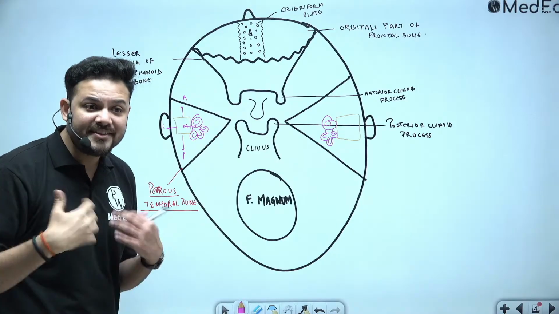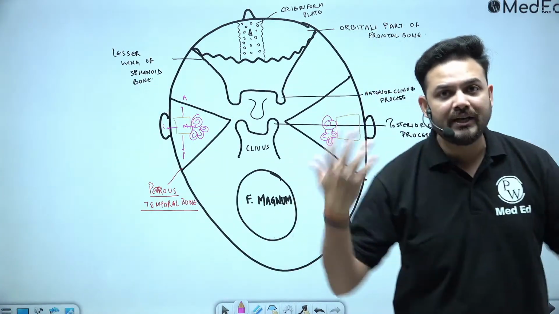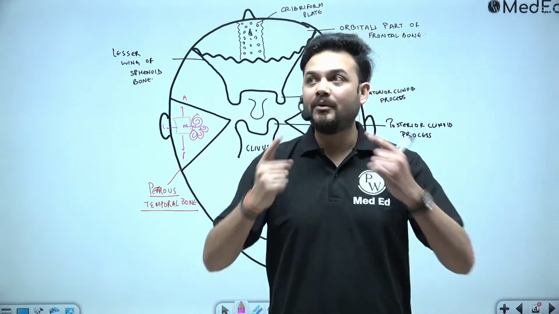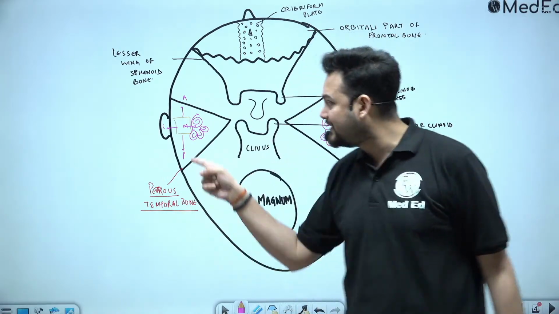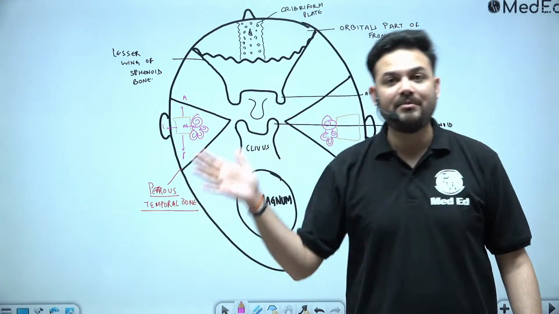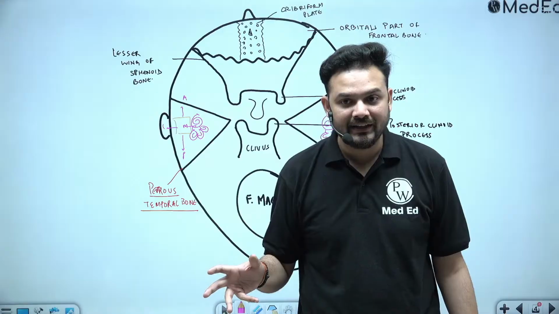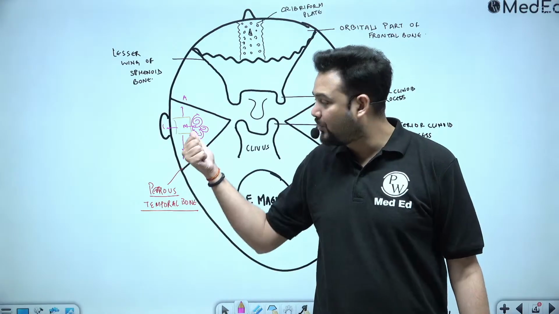So these are the walls of the middle ear. That's how we conceptualize this, as if we are standing inside a room which has an anterior wall, posterior wall, medial wall, lateral wall, up and down. We're going to see all of them later on. So this is what the middle ear is all about.